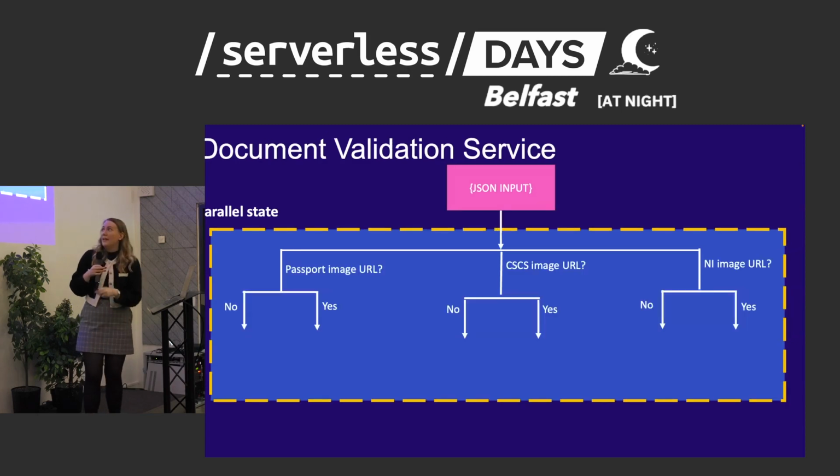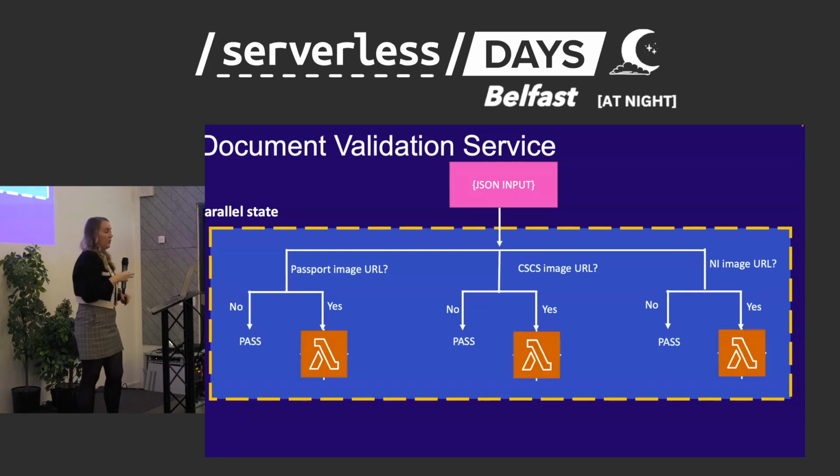So we move on, and in the parallel states, we can now use that choice operator. So you see the first parallel state here has a choice operator that says, is the passport URL present? Yes or no. Is the CSCS image present or is the NI image present? And overall, we're able to run those checks now in parallel. So now we needed to move on to what we do in those yes or no operations.